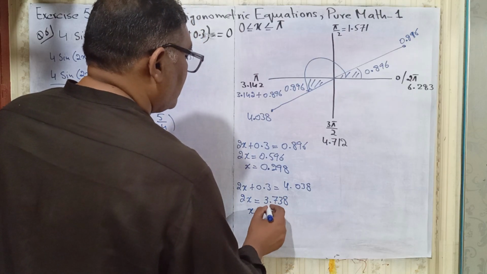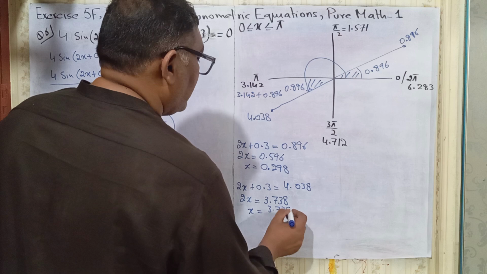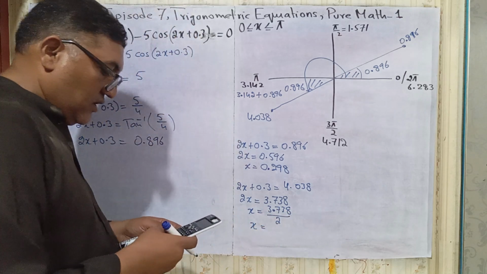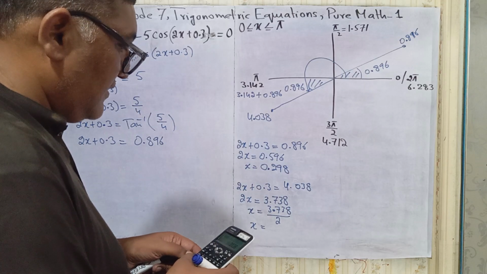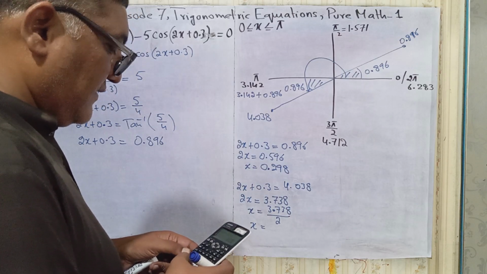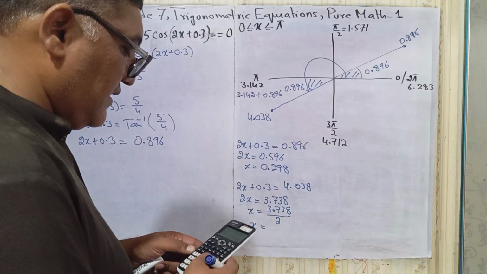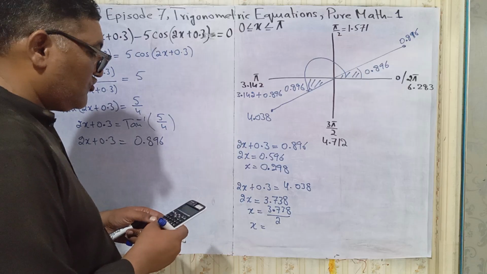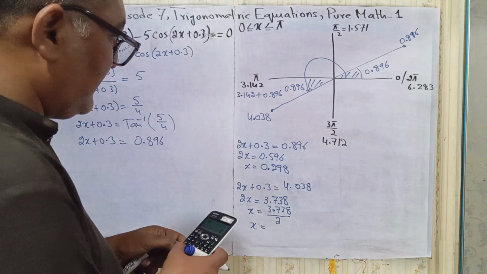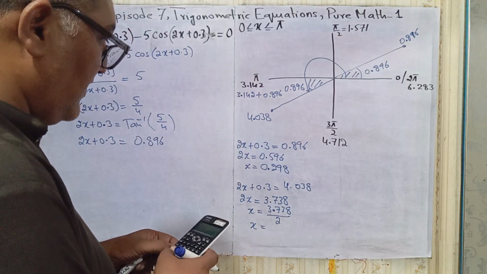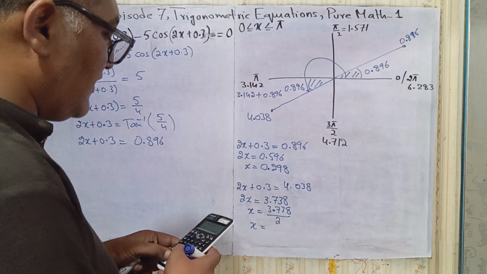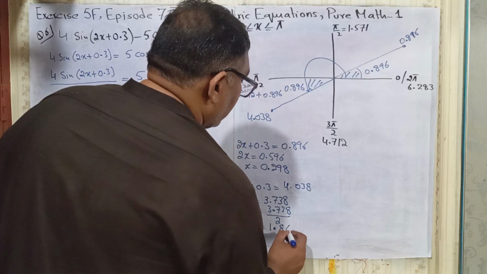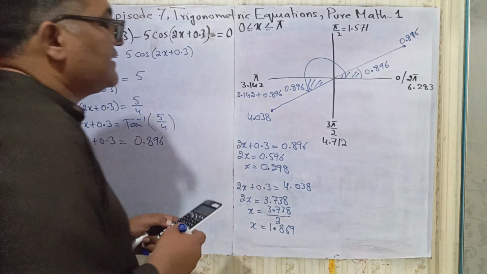You can divide it by 2, so you will have x equals 3.738 divided by 2, and that equals 1.869. This is the answer.